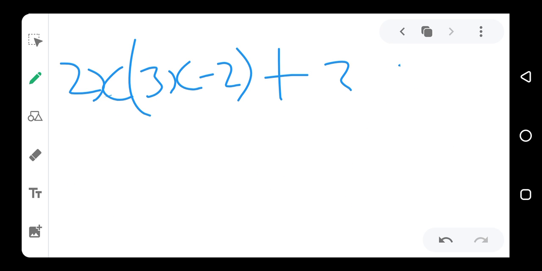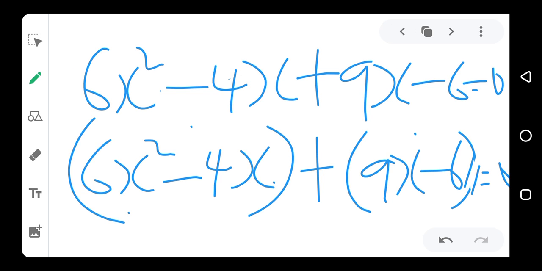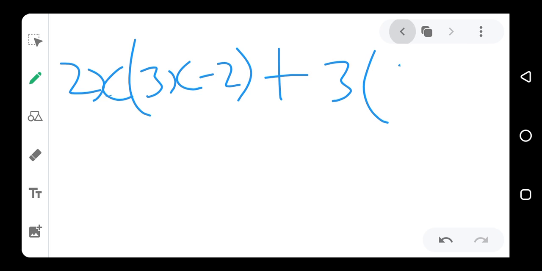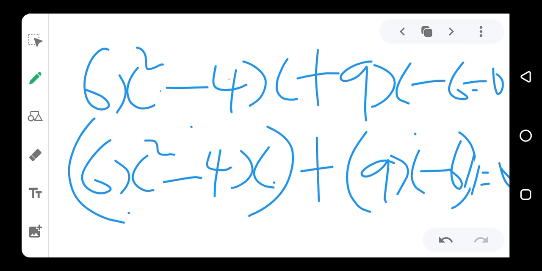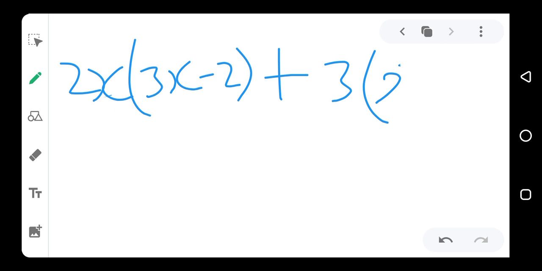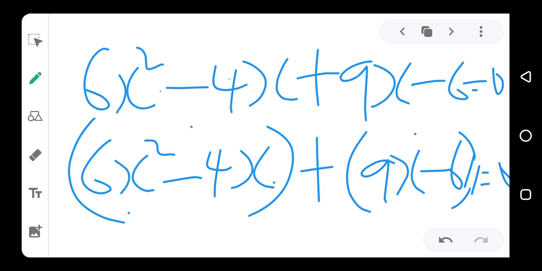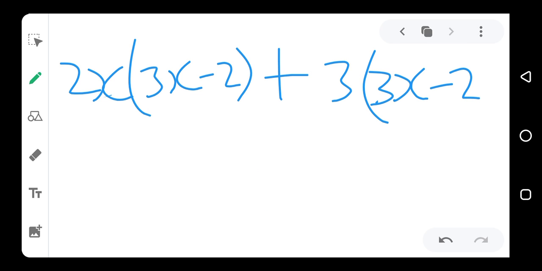So we have only 3. There's no x in the second one. So we have 3 bracket, 9x divided by 3, we have 3x. And then minus 6 divided by 3, we have minus 2.